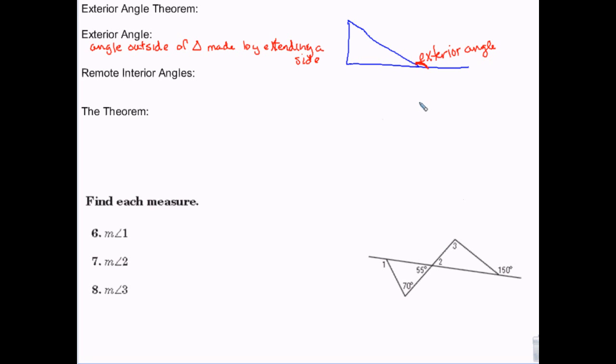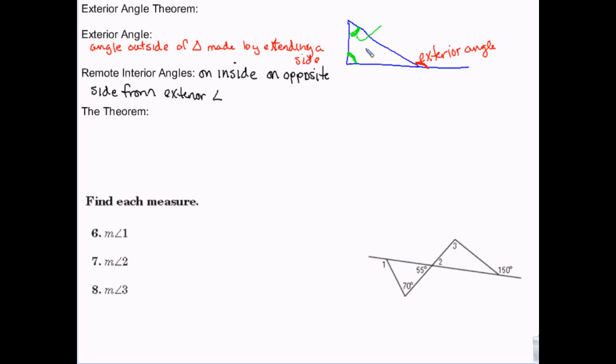So remote interior angles are on the inside of the triangle, because they're interior, on the opposite side. Putting opposite and side into one word, opposite. I made a new word, meaning the opposite side from the exterior angle. So if our exterior angle is here, our remote interior angles are here. They're on the other side of the triangle.